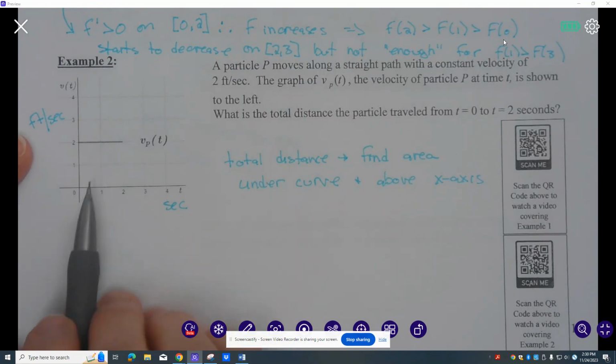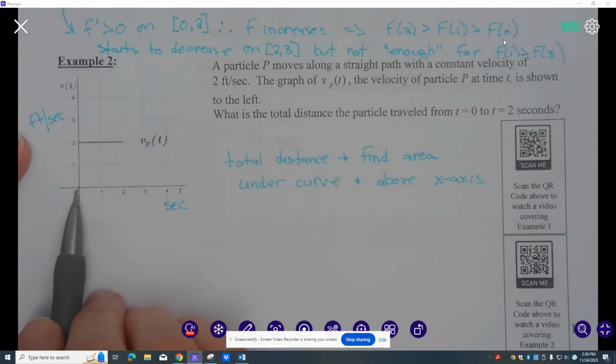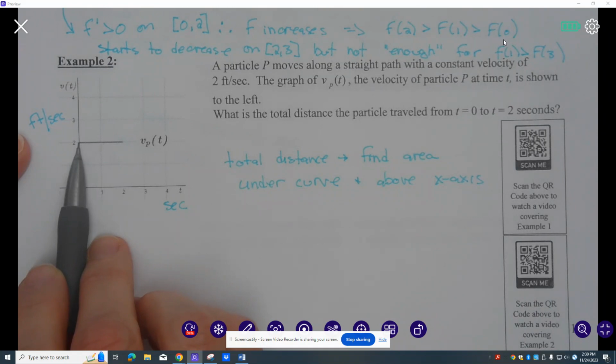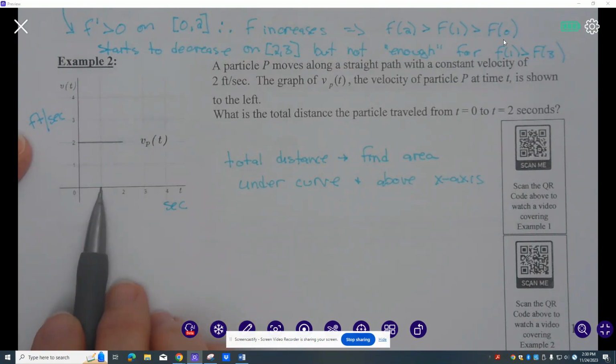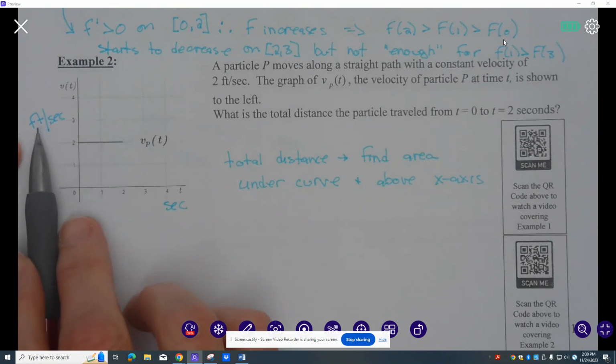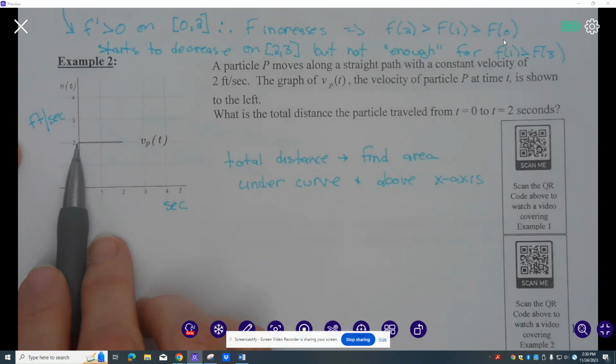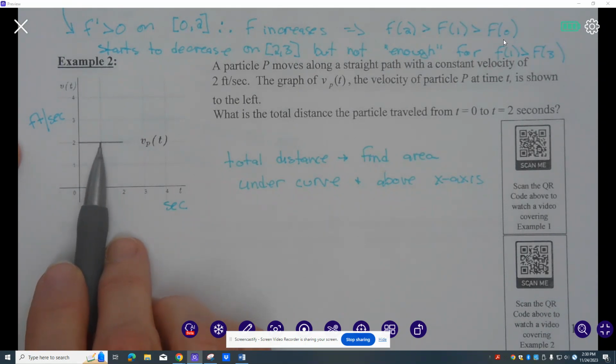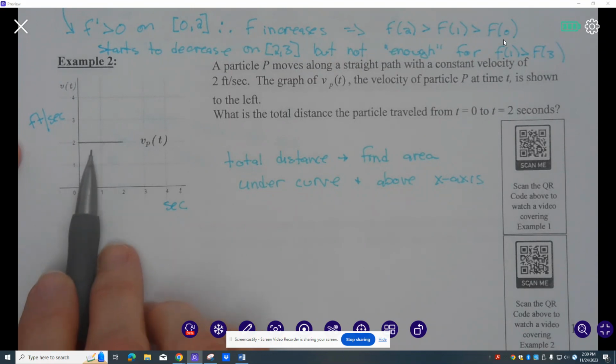At time equals 0, it hasn't moved yet, so the area, or the distance traveled, would be 0. After 1 second, it's traveling at 2 feet per second, so the distance traveled would be 2 feet.